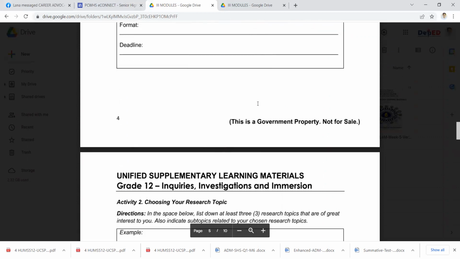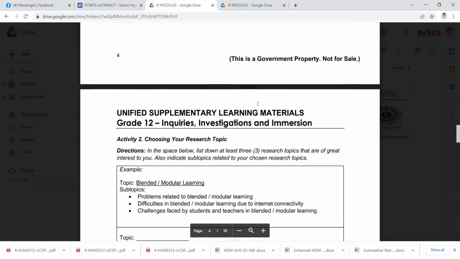Moving on is your activity number 2. In the regular program, this is day 2. Okay, for activity 2, choose your research topic. Now, this is your time to choose a research topic. So, below you will see the topic, blended modular learning.